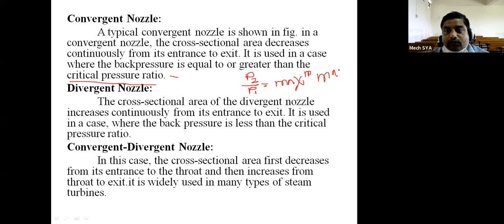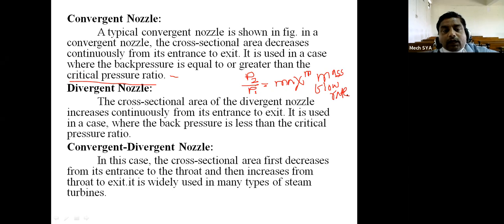So the pressure ratio which gives maximum mass flow rate of the nozzle is called the critical pressure ratio. Write it down in your notebook also, because we are going to use this term many times.